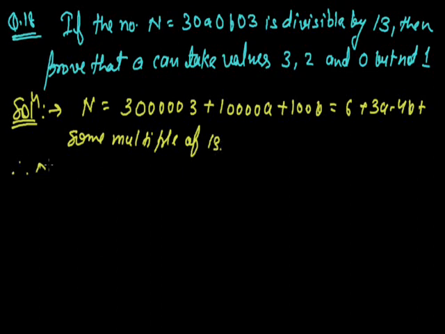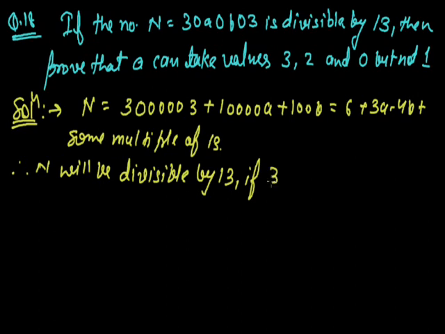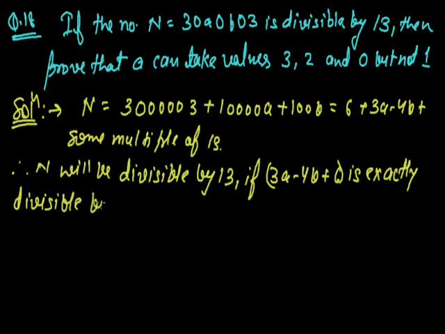So n will be divisible by 13 if 3a minus 4b plus 6 is exactly divisible by 13. Also, we have that the value of a lies between 0 and 9, and also the value of b lies between 0 and 9.